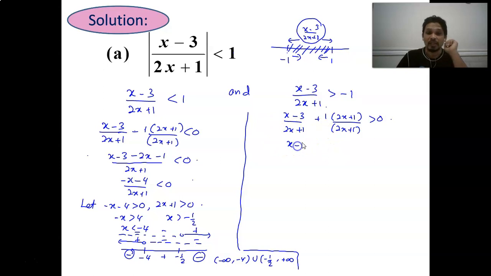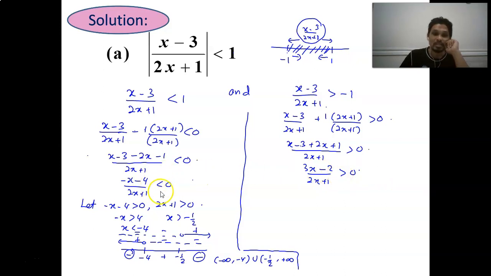So then x minus 3, 1 times 2x plus 1 times 1, equals 1 divided by 2x plus 1 greater than 0. x plus 2x is 3x, negative 3 plus 1 is negative 2, and 2x plus 1 greater than 0. Okay, now this is greater than 0 just now, and this is less than 0.